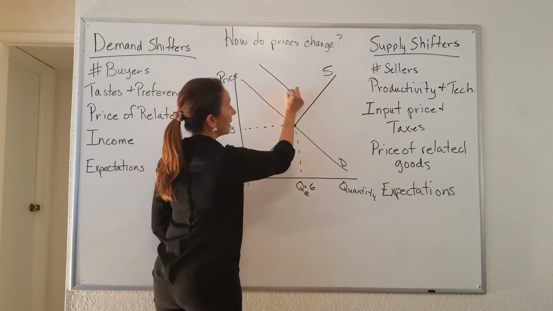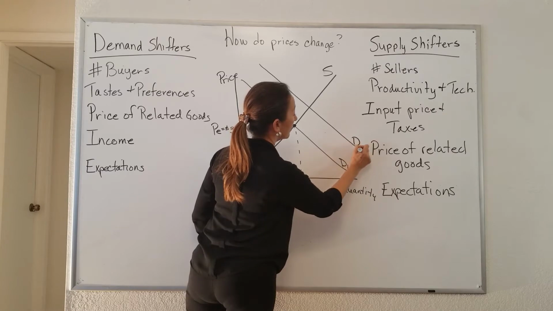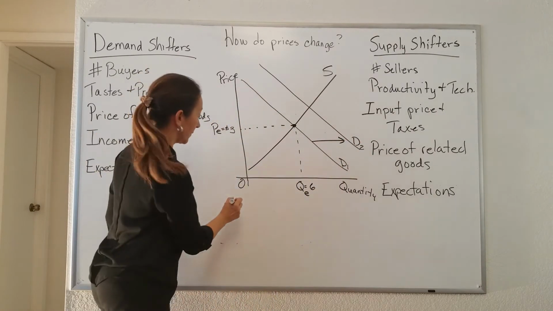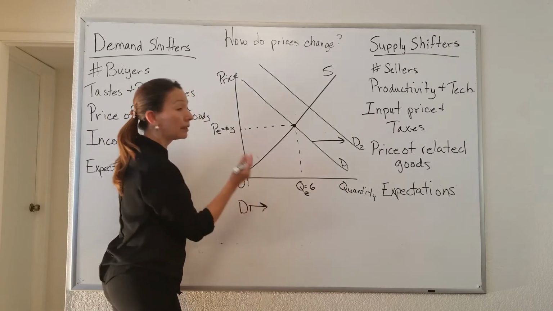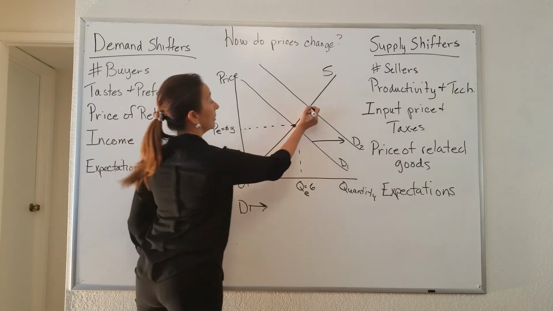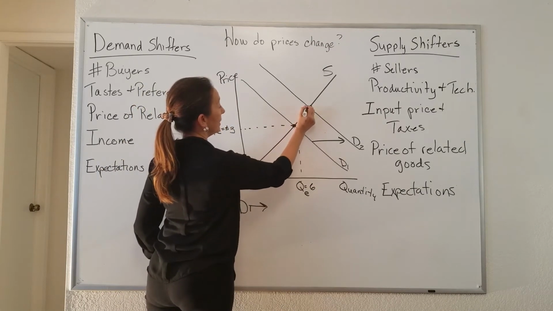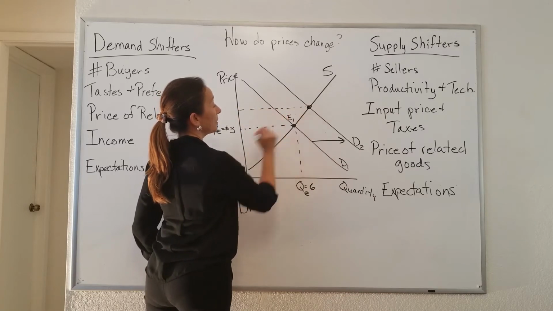So demand for lemonade increases. Okay, so we have had a rightward shift of the demand curve. We know that if the demand curve shifts to the right, we're going to move from this point to this point. We're going to have a new equilibrium, E1.